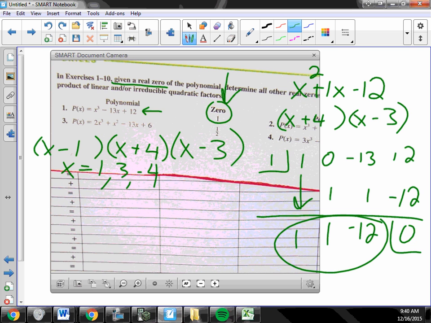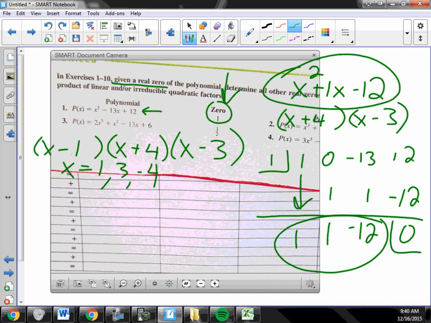Pretty simple, right? What if this quadratic does not factor? Then the roots are irrational or imaginary. And if you look at the instructions, it says, represent the factors as product of linear factors or irreducible quadratic factors.